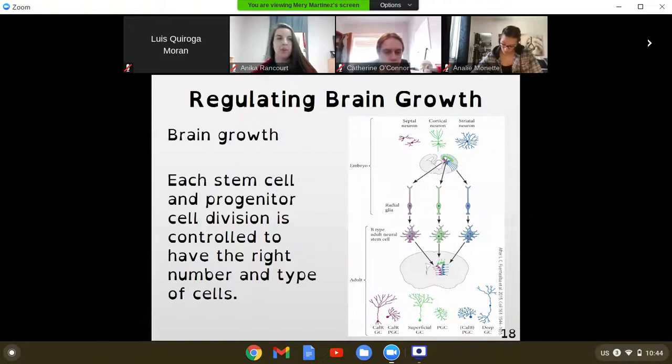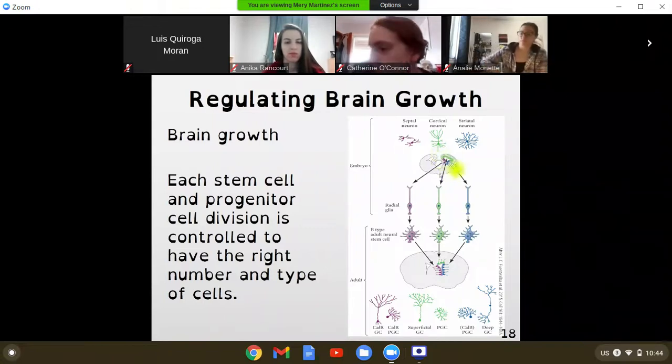So in this figure, we observe the regional specification of the embryo radial glial cells. Here, there were a couple of scientists, you can read that in your book. They discovered that differentiated neurons of the cortex were descended from stem cells that reside in comparable areas in the embryo, which themselves normally come from the ventricular zone, so those stem cells, the ones that are at the lumen, right?